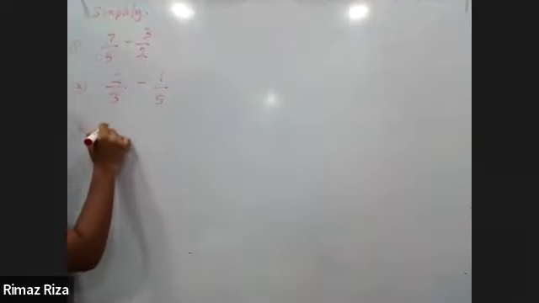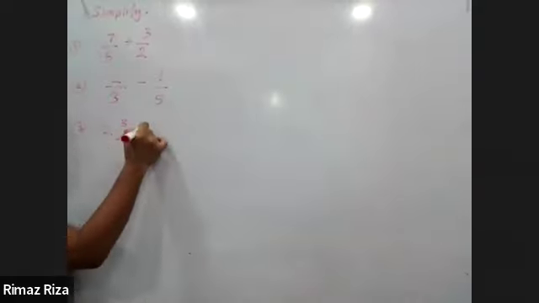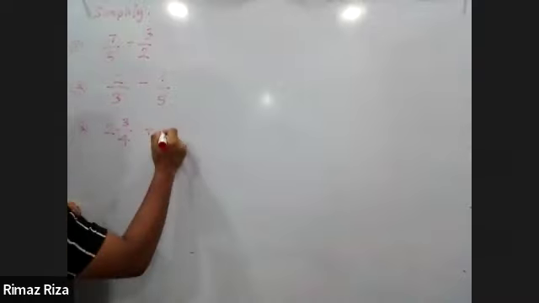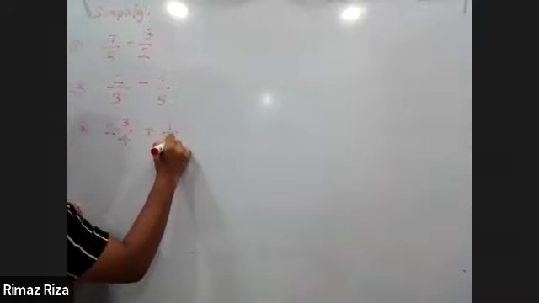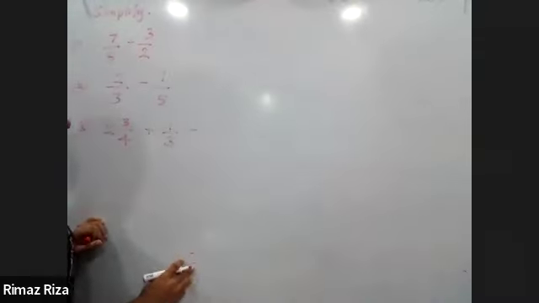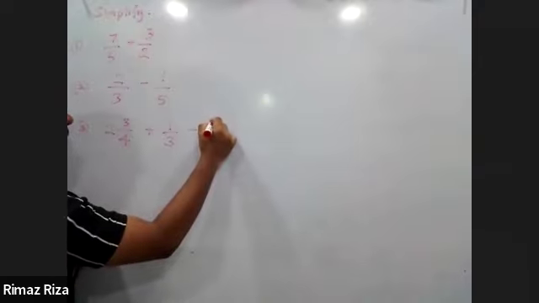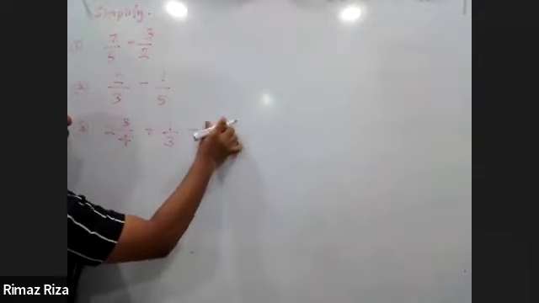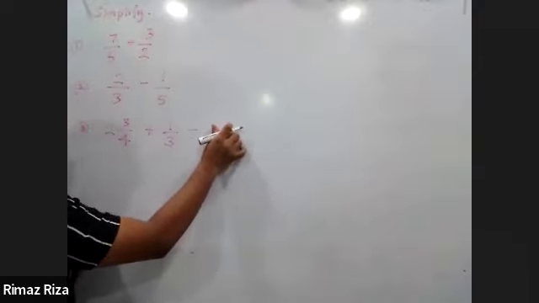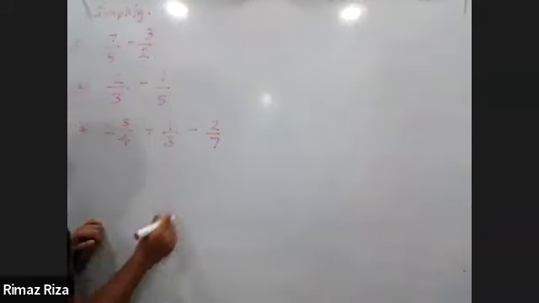Third one: 2, 3 over 4 plus 1 over 3 minus 2 over 7.